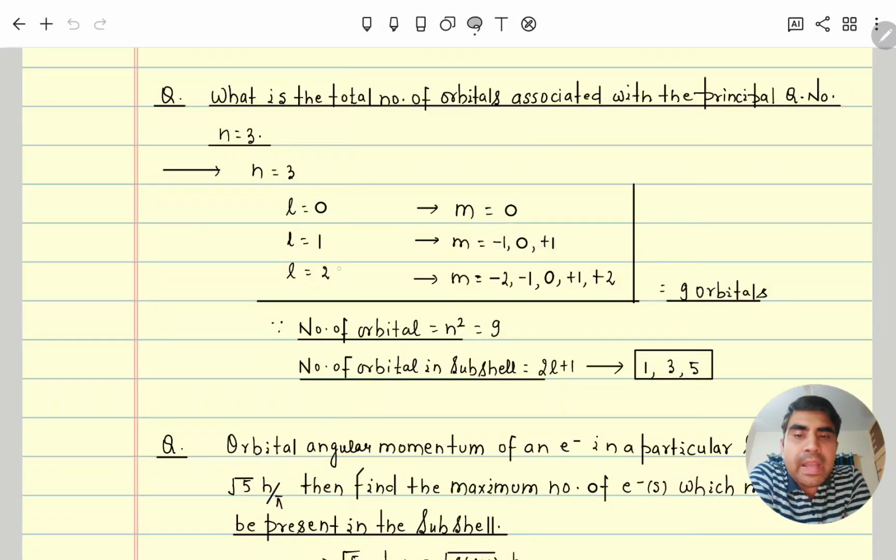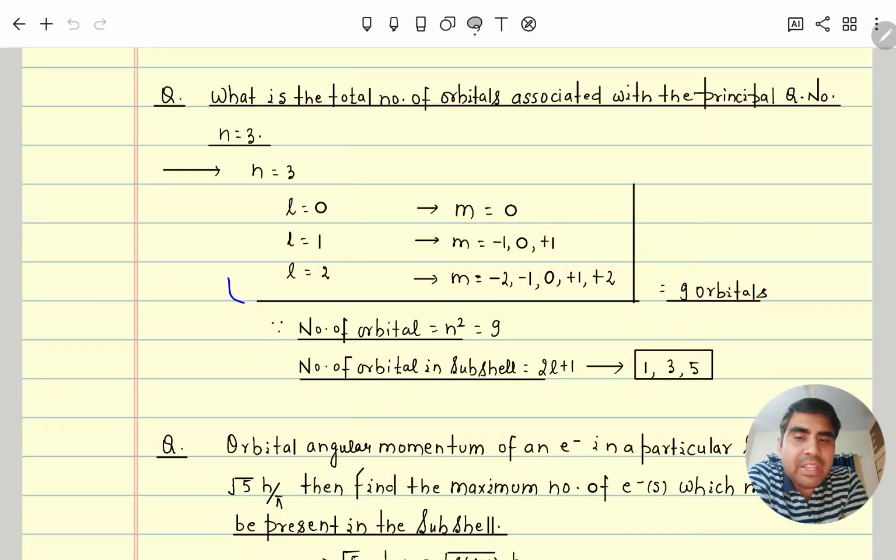If L is 2, the magnetic quantum number is minus 2, minus 1, 0, plus 1, plus 2. You know the magnetic quantum number describes orbitals. So how many orbitals are there? 1 here, 3 here and 5 here. So total 9 orbitals.